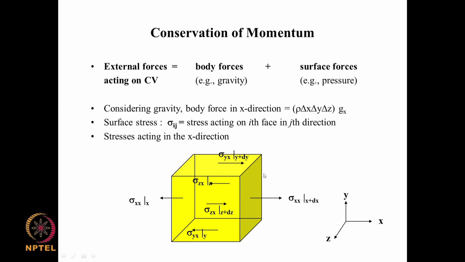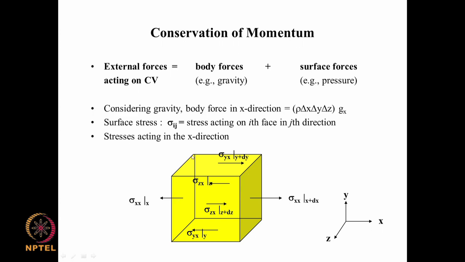So, now we would like to multiply each stress component by the corresponding area here. If we ask what is the net force acting in the x direction from the stress acting on this positive face, this will be given by sigma xx at x plus delta x times the area of this face, which is delta y times delta z.